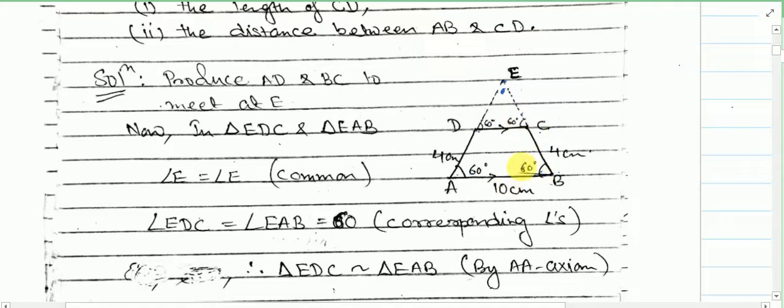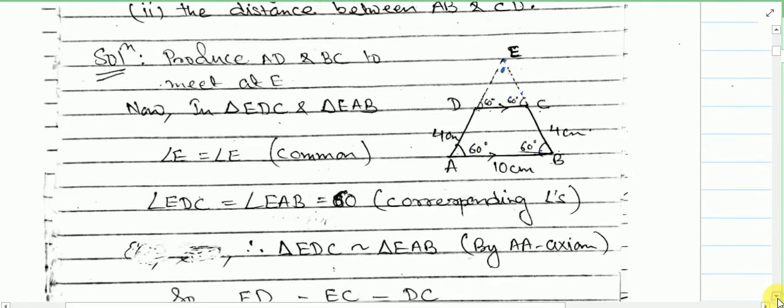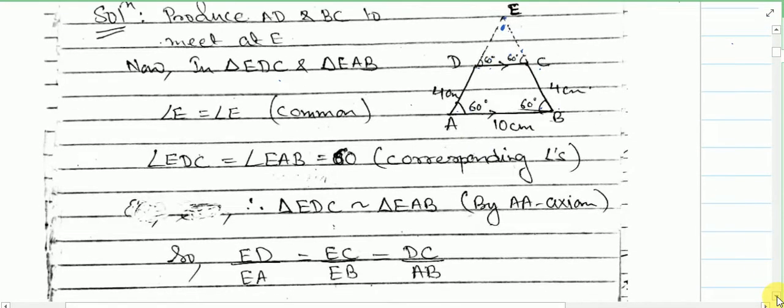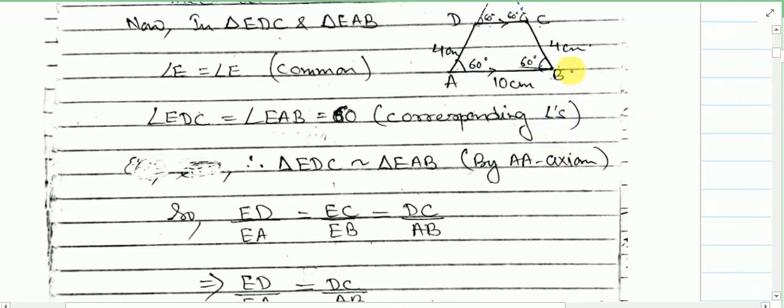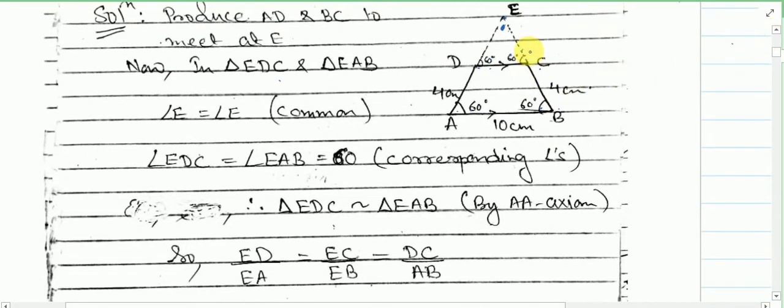Clear? So therefore this smaller triangle and this bigger triangle are similar. So in that case, sides are going to be proportional. So ED upon EA, corresponding sides, and EC upon EB and DC upon AB. Clear?